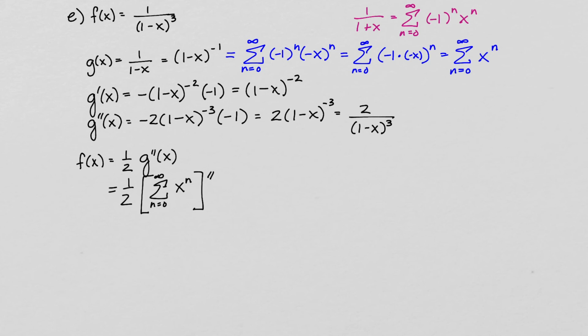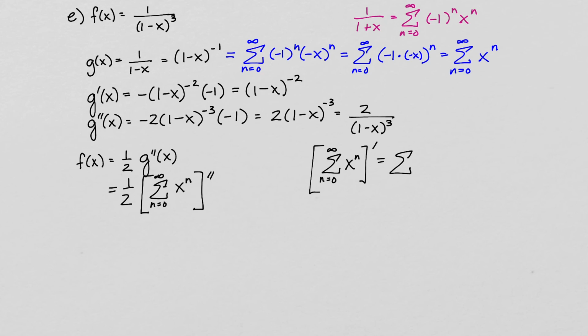Okay, so to be able to take a second derivative, you first got to take the first derivative. So the first derivative of the summation n equals 0 to infinity of x to the n. We're just taking the derivative of all the pieces inside. So what's the derivative of x to the n? Think of it like it's an x cubed, but instead of a 3, we have an n.